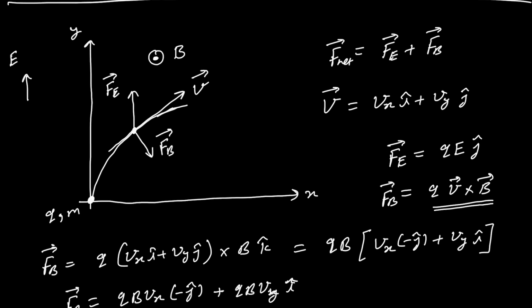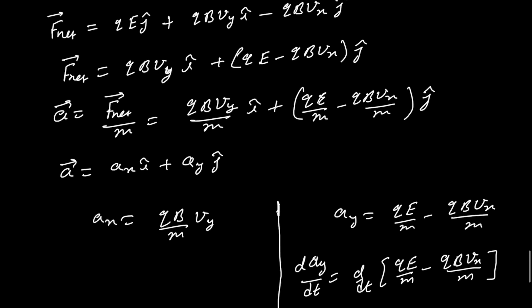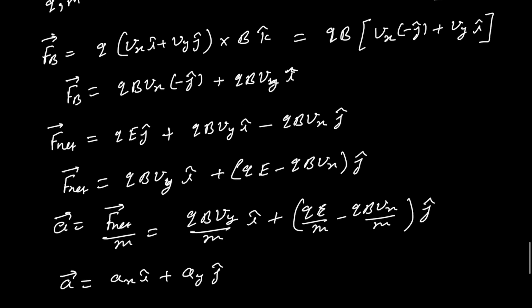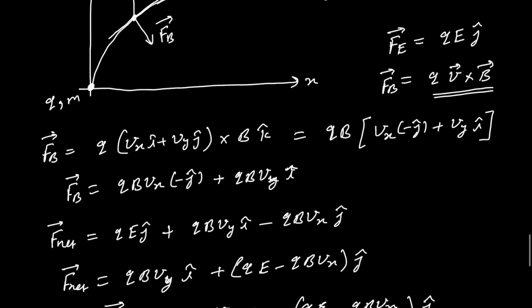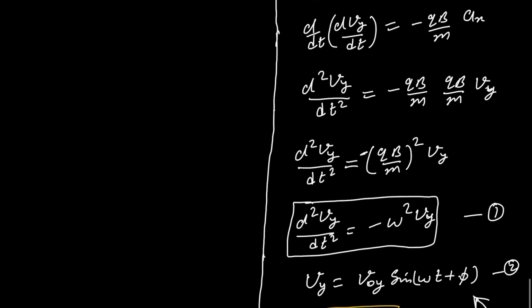At t equal to 0, only the electrostatic force was acting, since the velocity was 0, and the electrostatic force was acting along the y-axis. The value of that force was qE, divided by m you will get Ay. So Ay is qE by m.